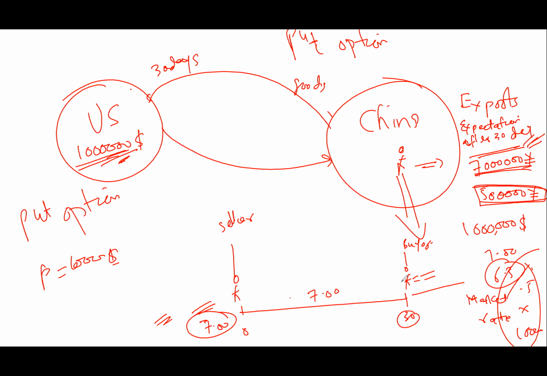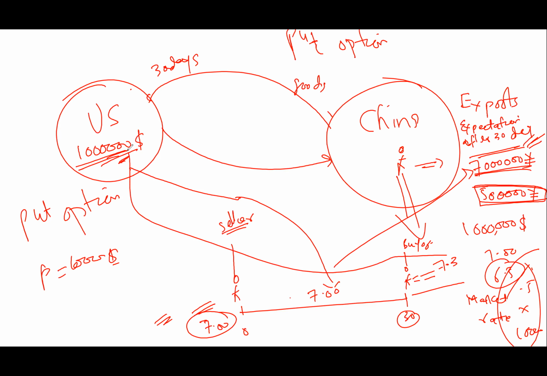What if the rate increased to 7.3? It is good for you and it is bad for you as a seller, because he's receiving $1 million selling to him at 7 and receiving 7 million.